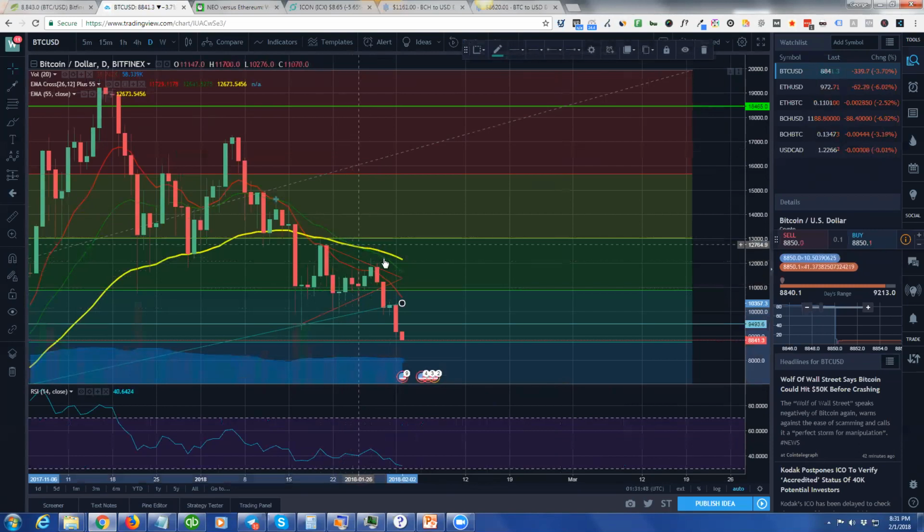Now it turns out that that subpoena that was supposedly sent on Tuesday was actually sent on December 6th. So it's old news, but somebody actually reported it this week, which caused the markets to freak out. And then it turns out that, again, the U.S. Trade Commission has no bearing on what Bitfinex does because they're not a U.S. company.